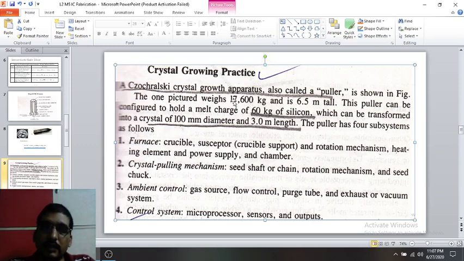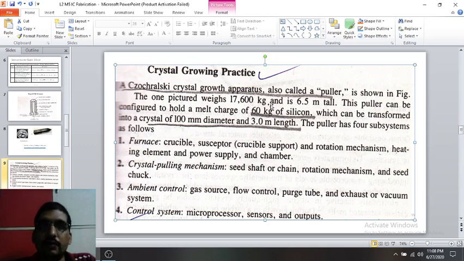As mentioned in this book, the machine weighs 17,600 kilograms and is 6.5 meters tall. This puller can be configured to hold a melt charge of 60 kg of silicon at once, which can be transformed into a crystal of 100 millimeter diameter and 3 meter length. A 3 meter length ingot we form basically.